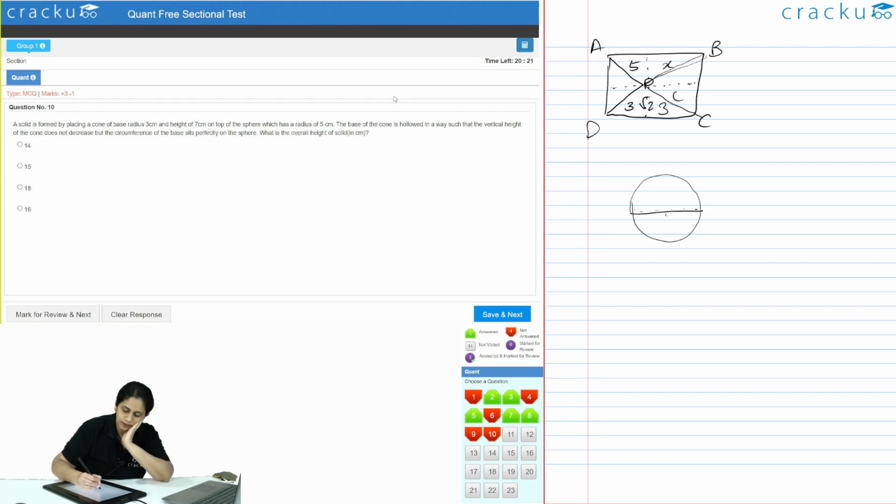So this is 10 centimeters over here, and then you have the cone resting on it, at the height 6 centimeters. So this is 6 centimeters, and this is 7 centimeters.